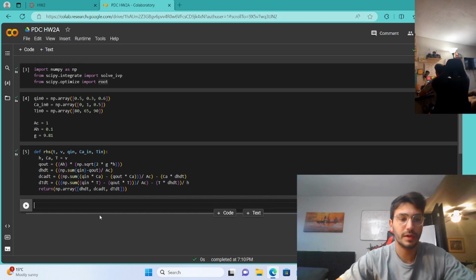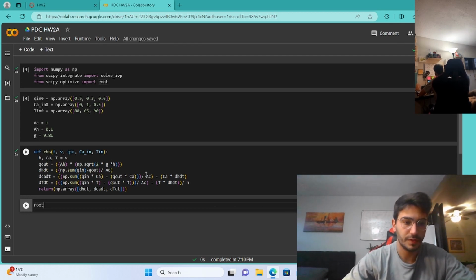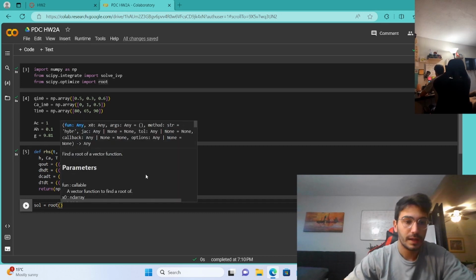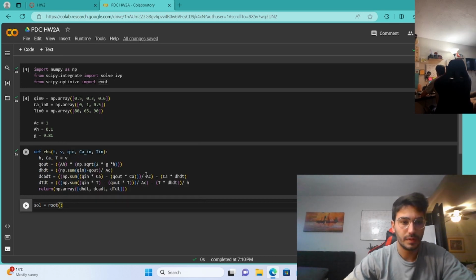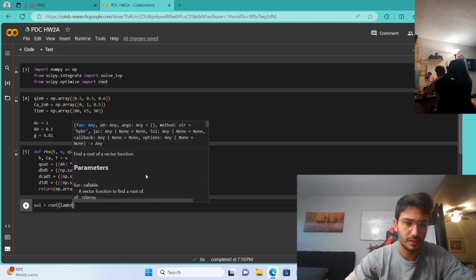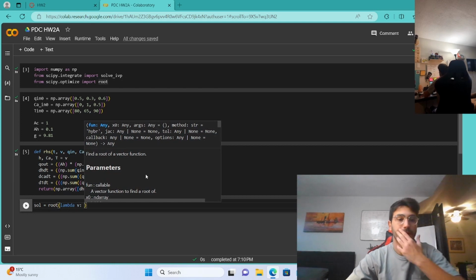Okay, so now we can go ahead and solve this out. So what we want to do is we want to recall our root function. So I'm actually going to call this solution so we can pull it back out after. And then of course we have to give our function, and what we're going to do is root, lambda t v, and this is going to help us simplify down this problem a little bit.